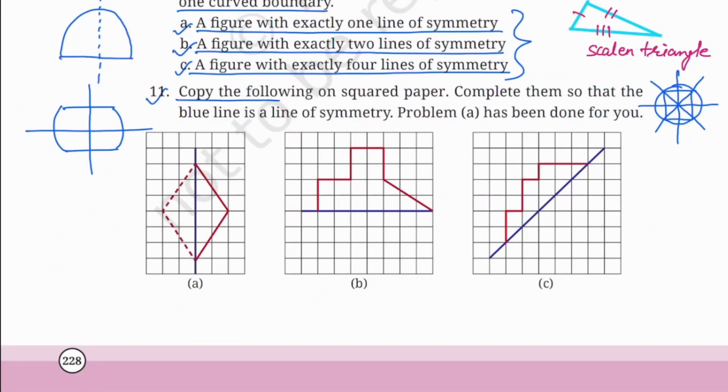11. Copy the following on squared paper. Complete them so that the blue line is a line of symmetry. Problem A has been done for you. You have to draw in such a way that the blue line becomes the line of symmetry. In figure B, you can draw like this.